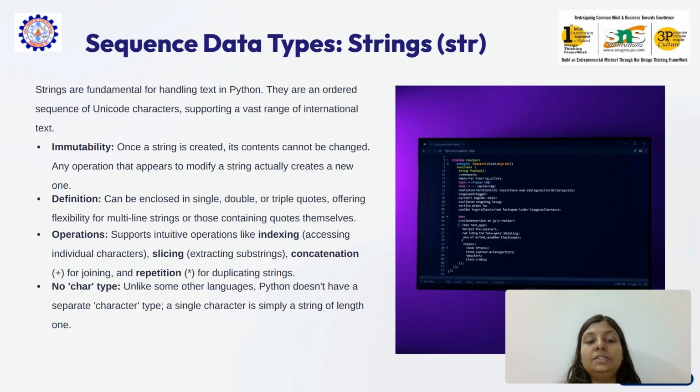Strings support intuitive operations like indexing, accessing individual characters, slicing, extracting substrings, concatenation, plus for joining, and repetition, multiply for duplicating strings. No character type: unlike some other languages, Python does not have a separate character type. A single character is simply a string of length 1.